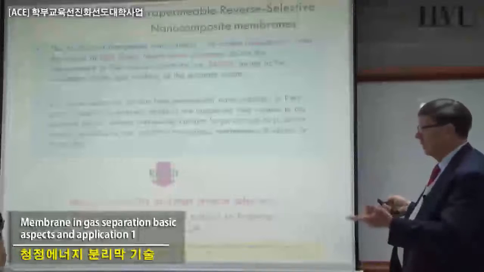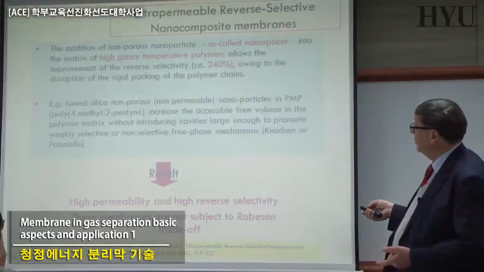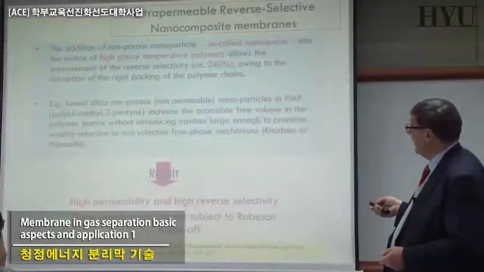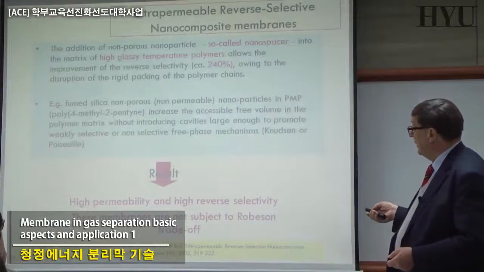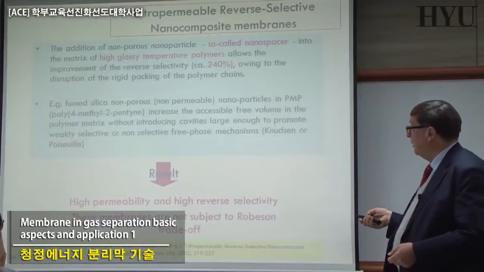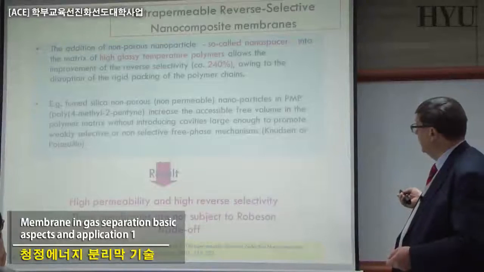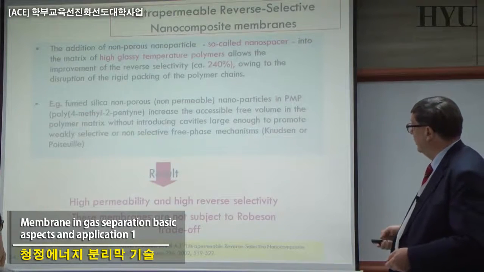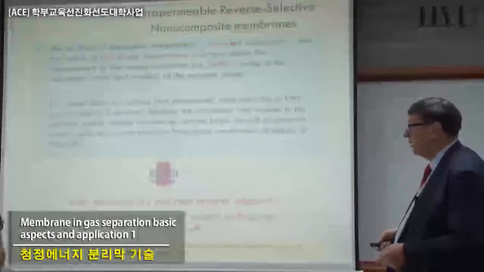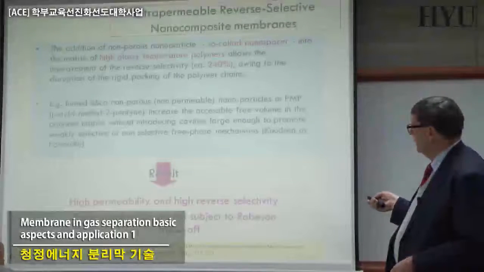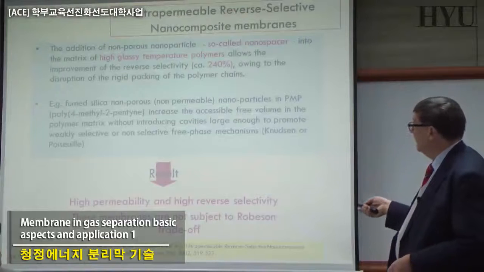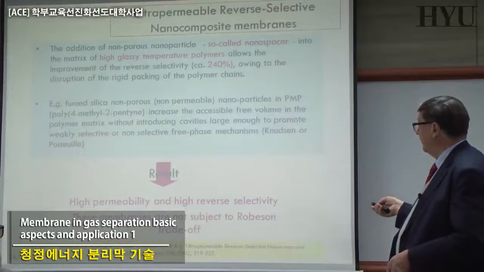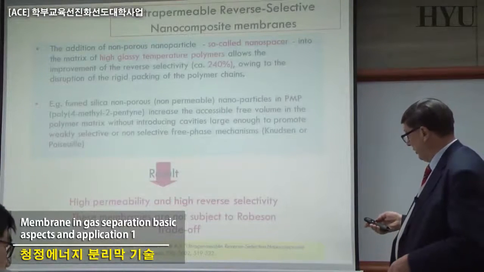What is happening here is that you control the disruption of the rigid packing of the polymer chains. A typical case is this fumed silica non-porous nanoparticle in polymethylpentene, which increases free volume in the polymer matrix without promoting the weakly selective or non-selective free-phase mechanism, this Knudsen or Poiseuille.